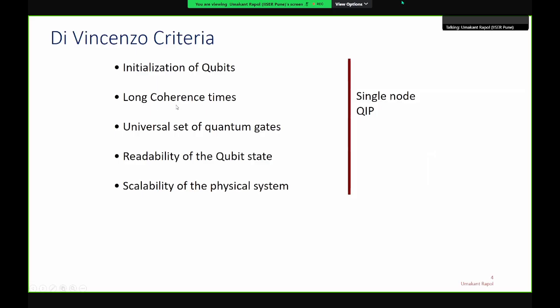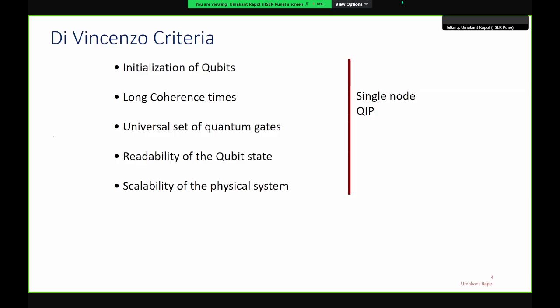You need to have a long coherence time. So when you excite the qubit to the excited state, it should remain there for as long as you want, in terms of the time that you require for doing all your computation. So why does the qubit decohere? Because it's a quantum mechanical system, and most of the time these two levels are energy levels, ground state and excited state.